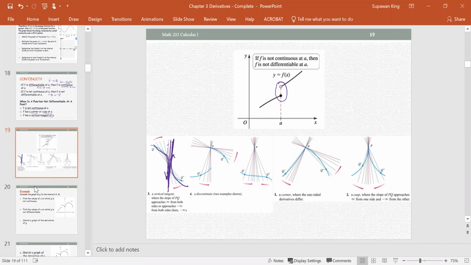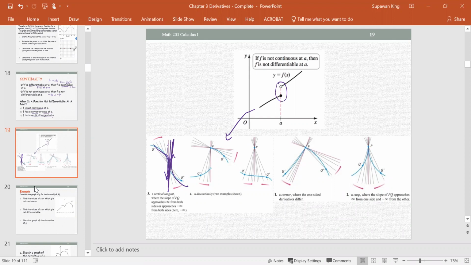Another case is that it has a jump or a hole. The jump means the left-hand limit is not equal to the right-hand limit. And the hole means the limit does exist, but the function is defined at a different point.